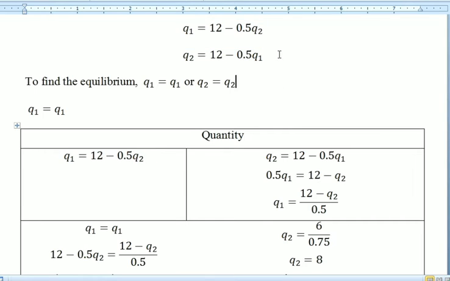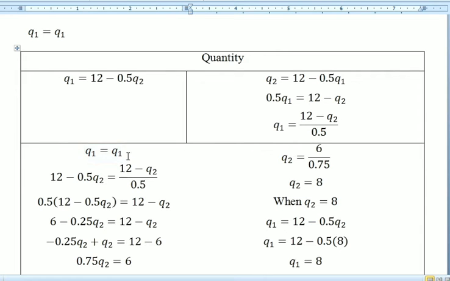So we rewrite Q2, and then we find Q1. We make Q1 the subject, so we divide by 0.5. So we rewrite 12 minus 0.5Q2 equals 12 minus Q2 over 0.5.